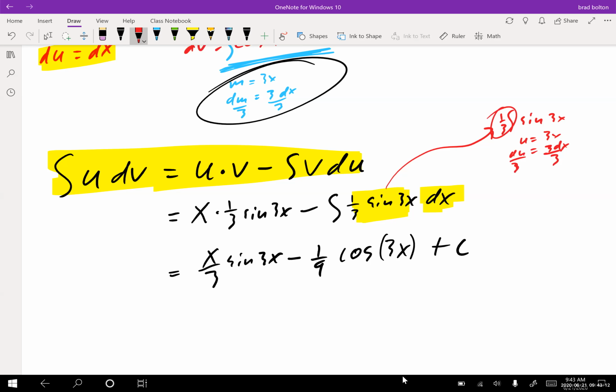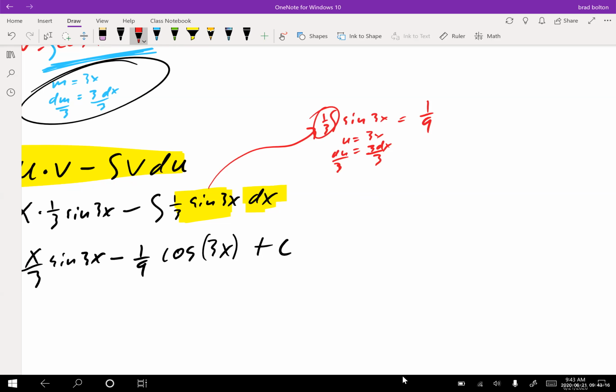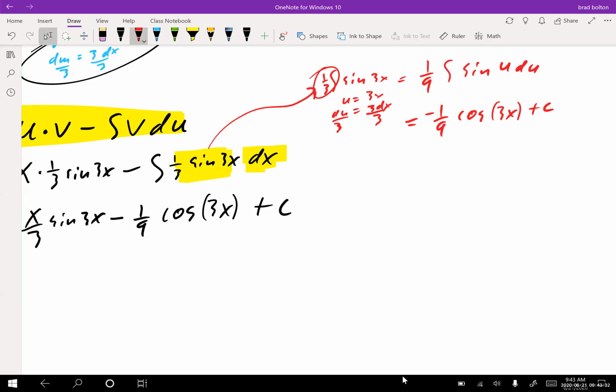So that's why that will become 1/9 integral of sine u du. However, we know the integral of sine is negative cosine. Now here's the catch, or not a catch, but you see this negative? Well, there's already a negative here. So I have to make that plus now, okay?